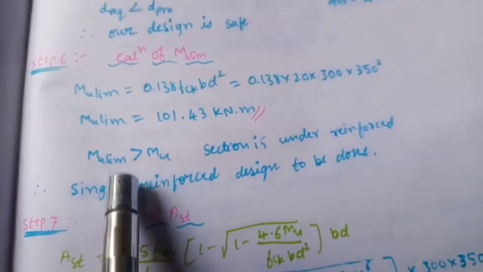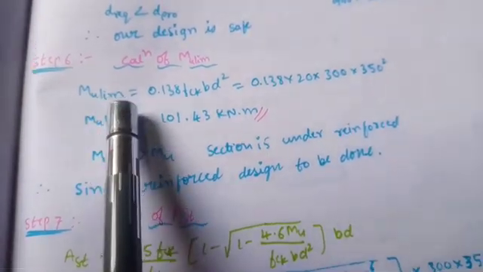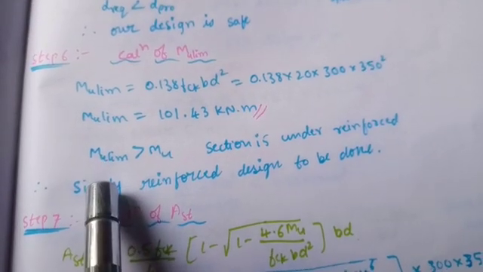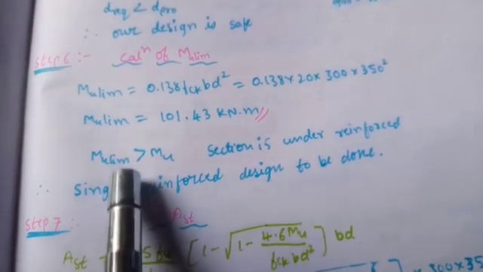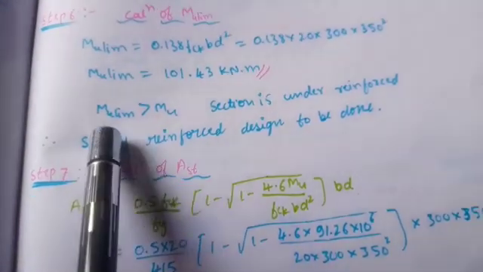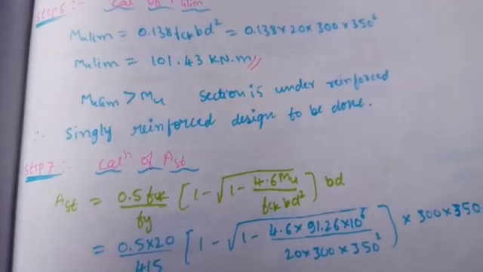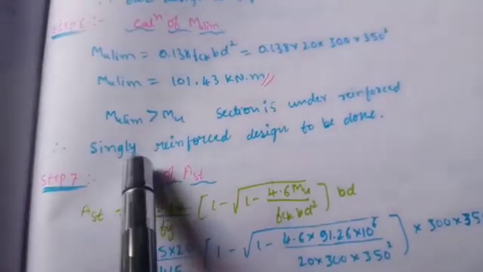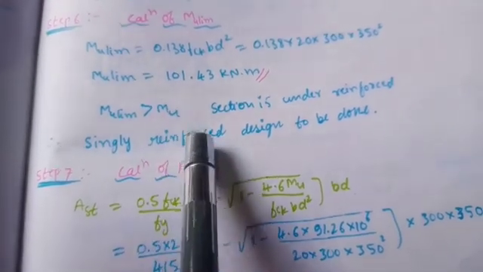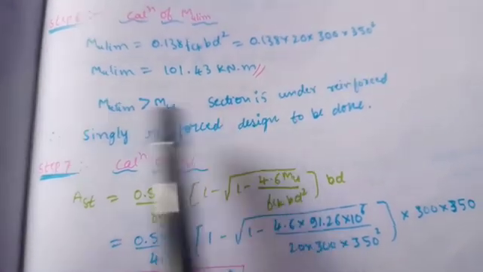To conclude whether the section is under reinforced or over reinforced, we find the MU limit. If MU limit is less than the MU, we need to design a doubly reinforced section. When our MU limit is greater than the MU, we need to go for the design of a singly reinforced beam.